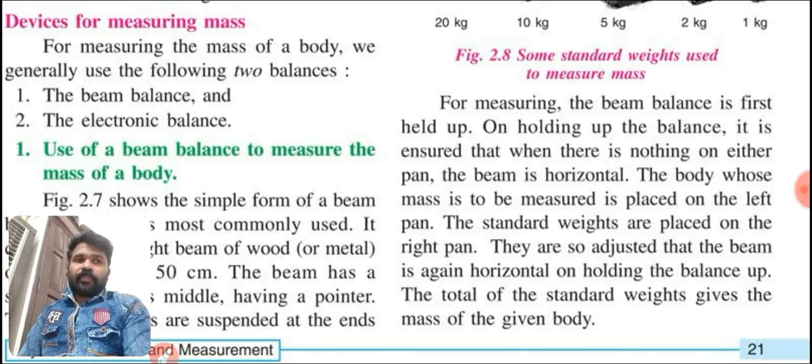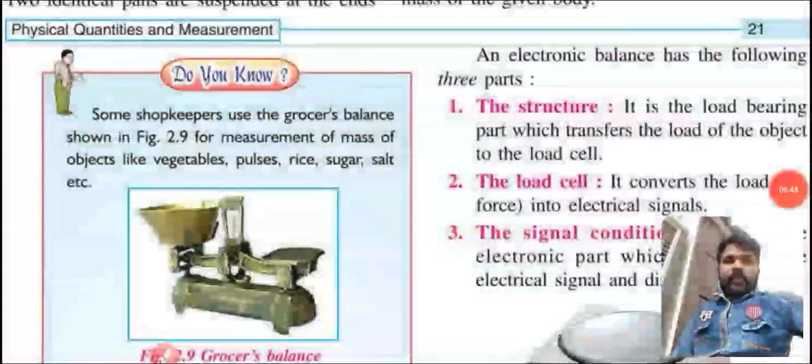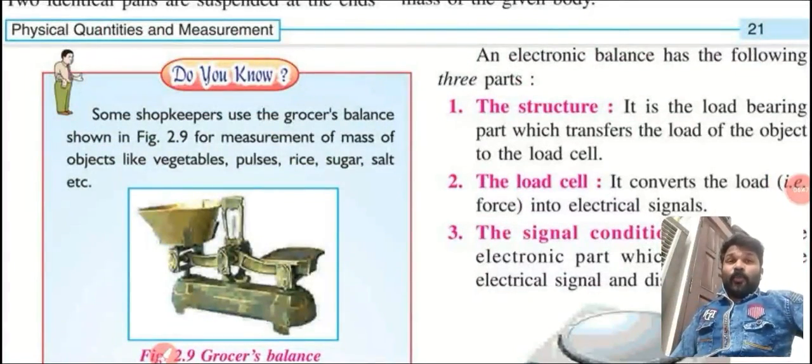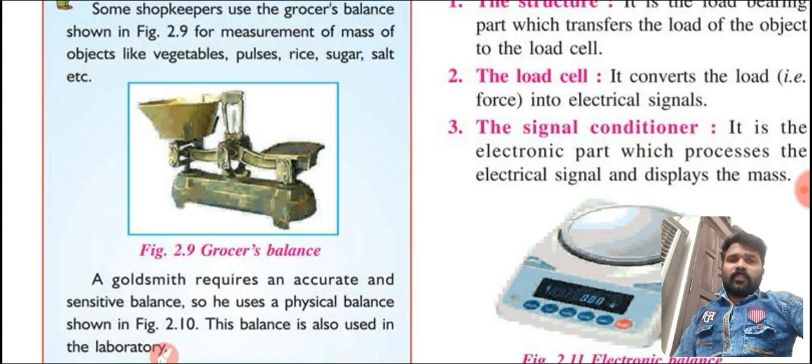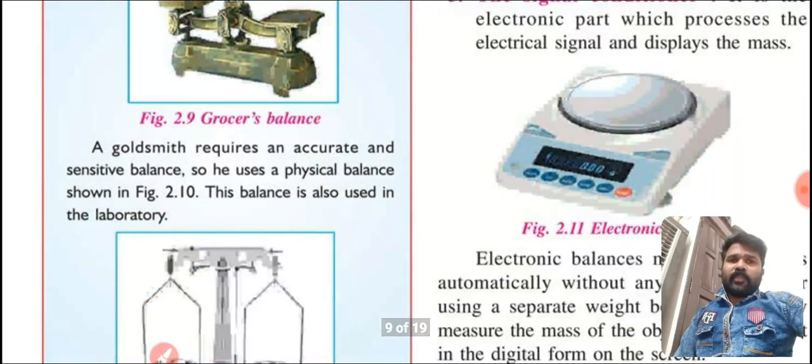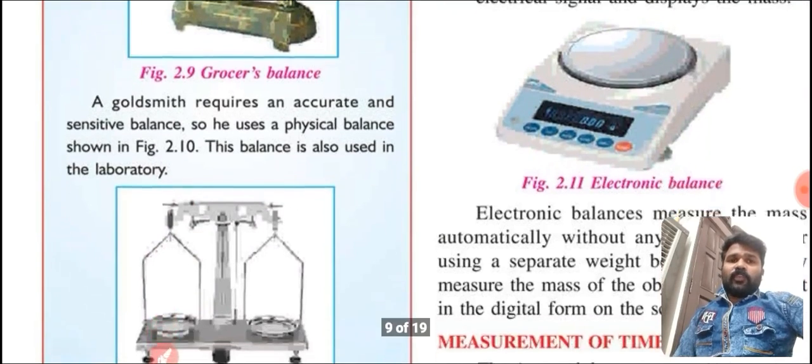Now here is one interesting fact. Do you know, some shopkeepers use the grocer's balance shown in figure 2.9. Maybe you have seen a grocer's shop like this, for measurement of the mass of objects like vegetables, pulses, rice, sugar, salt, etc. And also a goldsmith requires an accurate and sensitive balance, so he uses a physical balance.